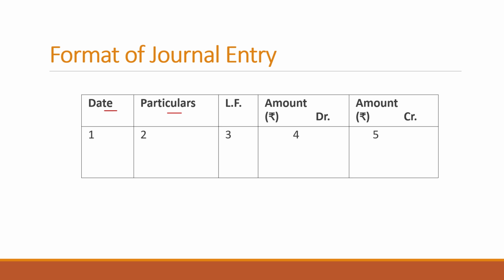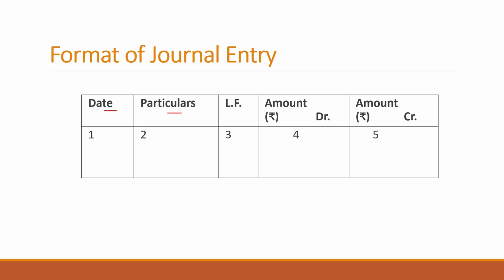The account to be debited is written on the first line and ends with DR, which stands for debit, at the far right of the same column. After leaving space from the left margin, the account to be credited is mentioned on the second line, which starts with the preposition 'To'. In the third line, the narration of the entry, that is the details, will be written. So that is about particulars, followed by narration.